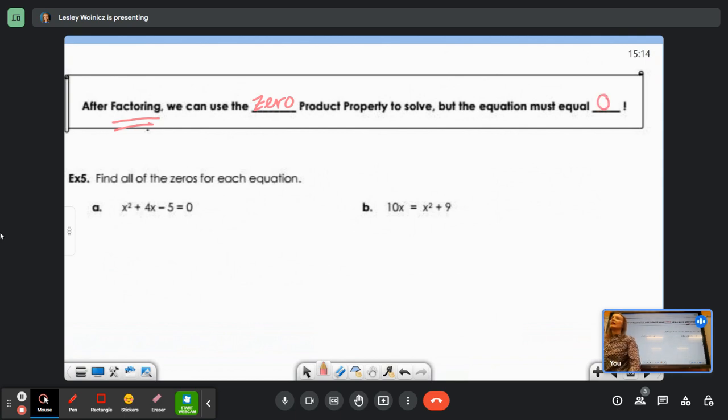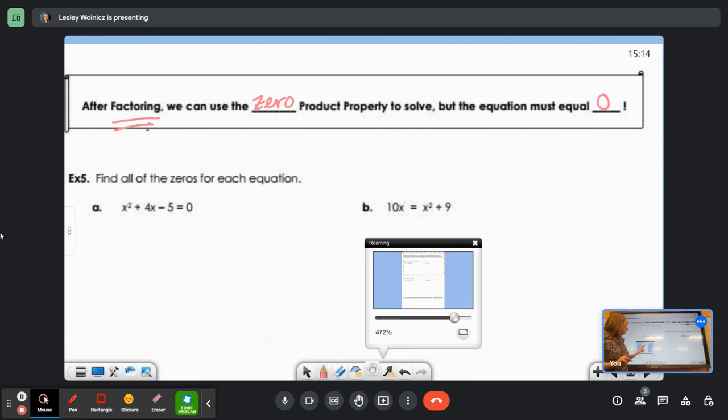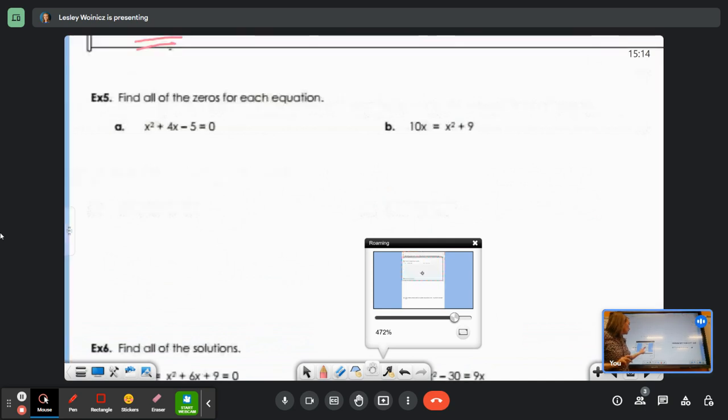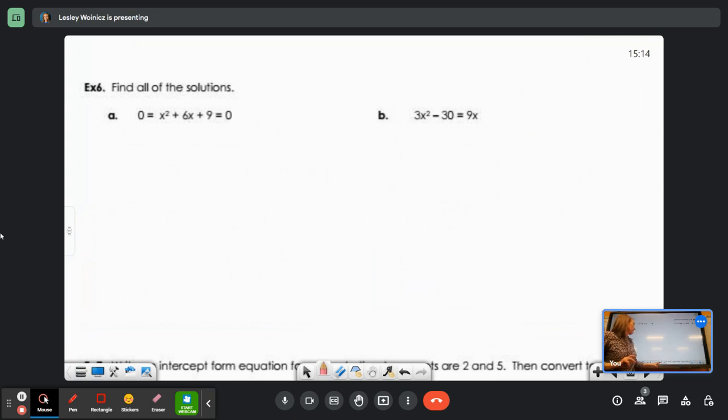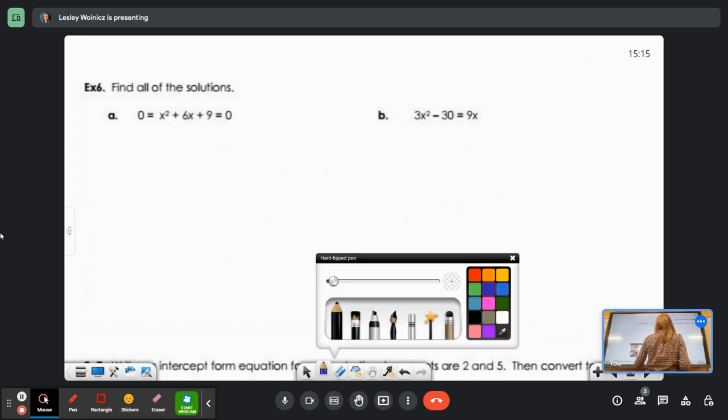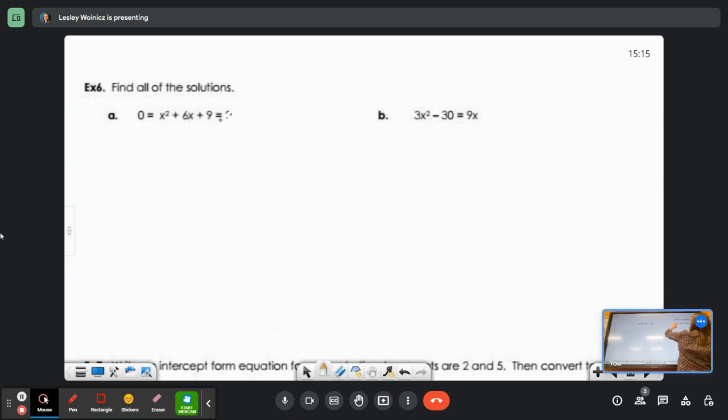I think I might have too many examples on the back. So if we need to go back and do 5A, we can. I'd like to skip down to example 6A. And there's an extra 0 on there, so you can just scratch that out. That was my bad. I think I tried to move it from one side to the other and forgot to get rid of it.